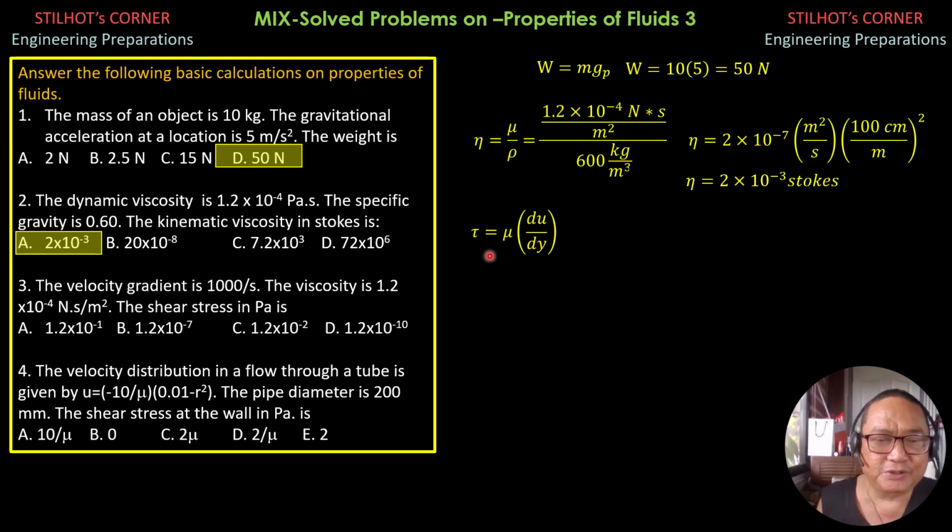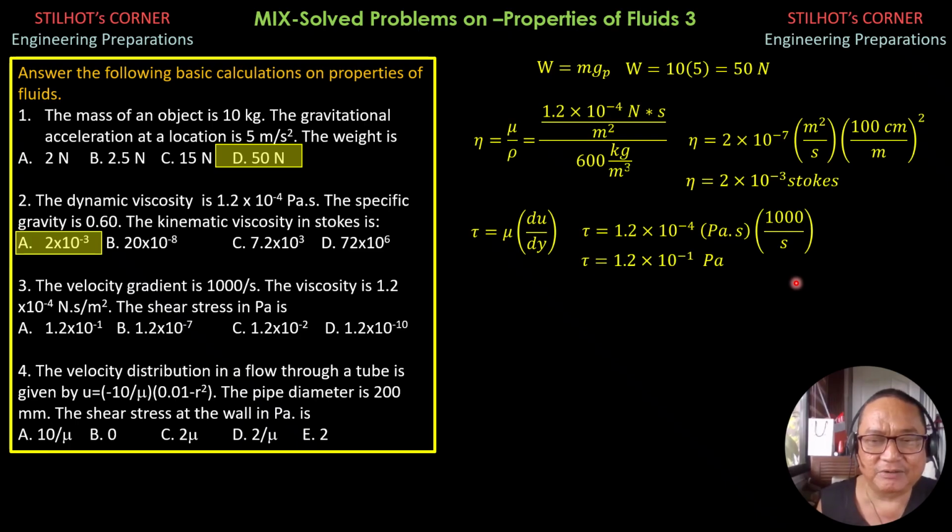So substitute 1.2 times 10 to the negative 4 Pascal second times 1000 per second. So that would give us unit of pascals. So in pascals, it is 1.2 times 10 to the negative 4 pascals.